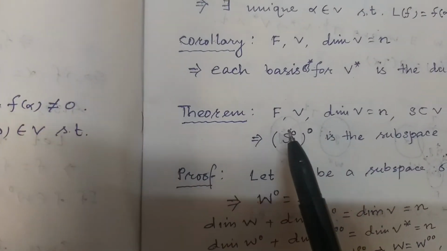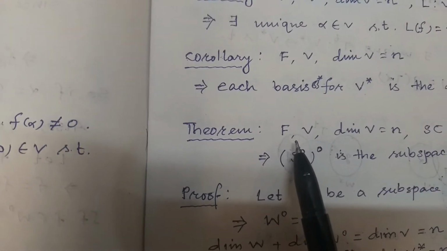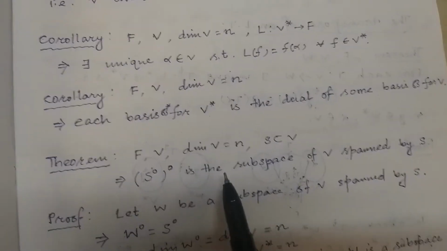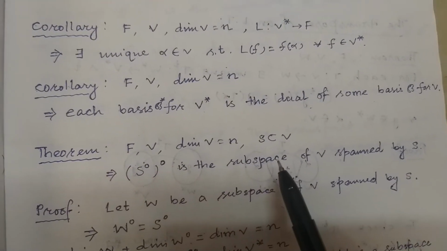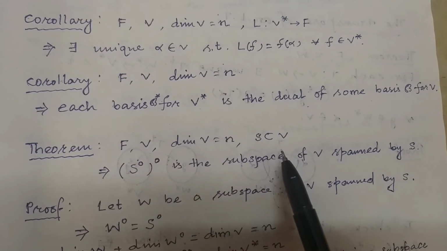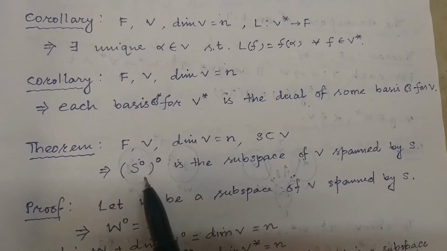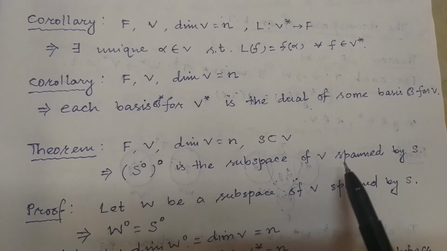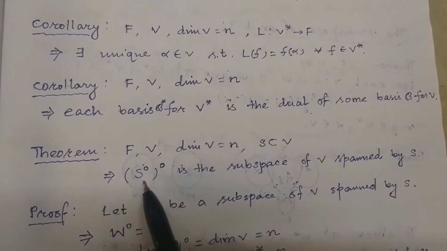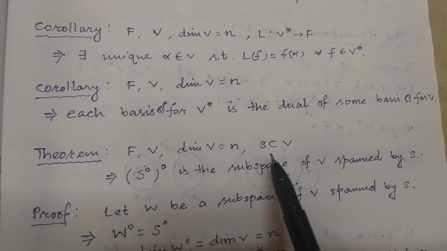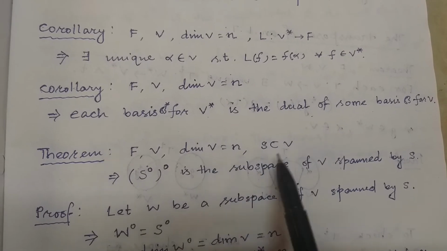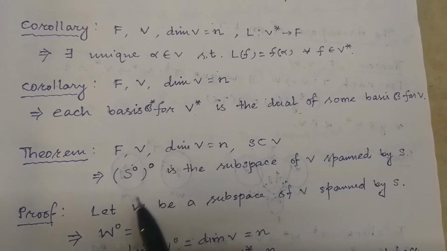Next theorem. Let F be a field, V be a finite dimensional vector space, and S be a subset of V. Then S naught whole naught is the subspace of V spanned by S. S naught means the annihilator of S, that means the collection of functionals from V to F which take the elements of S to the 0 element, that is S naught.